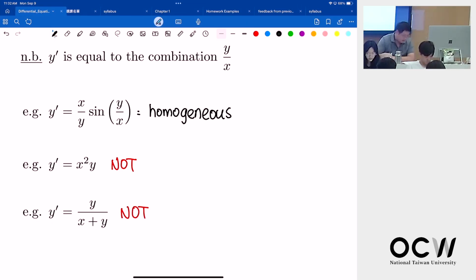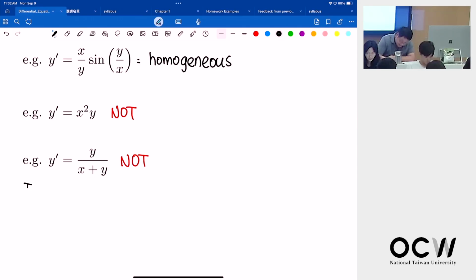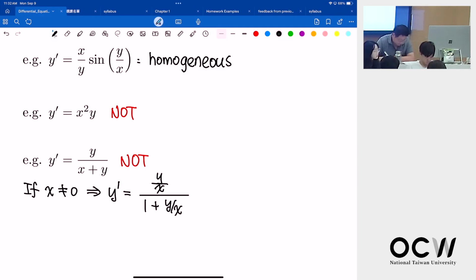But if x is not 0, then in this case y prime will be y over x divided by 1 plus y over x. And here you can see that this is the form of y over x. So this is homogeneous under the condition that x is not 0.